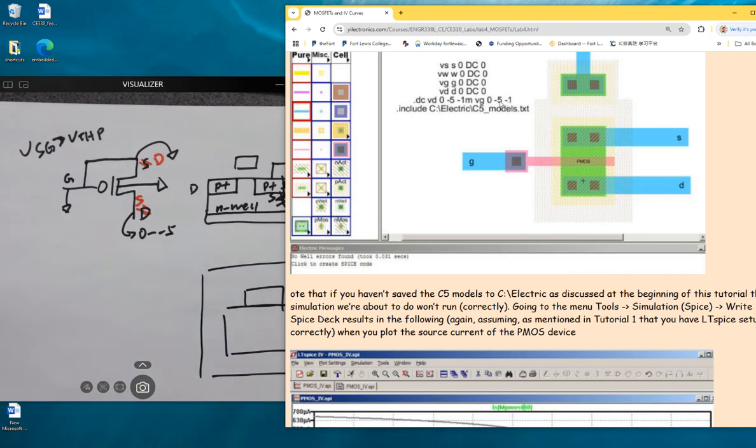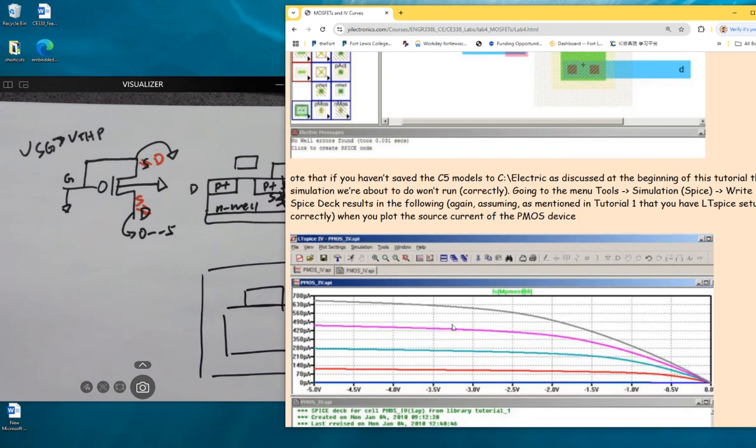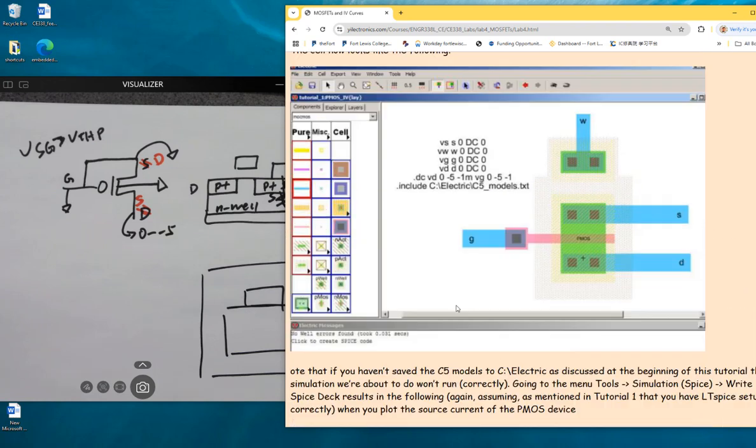So it's from 0 to -5 volts, where each curve is a different V gate voltage. Even though it's grounded over here, eventually this one overrides this initial ground. So eventually the V gate voltage has different voltages: 0, -1, -2, -3, -4, -5.